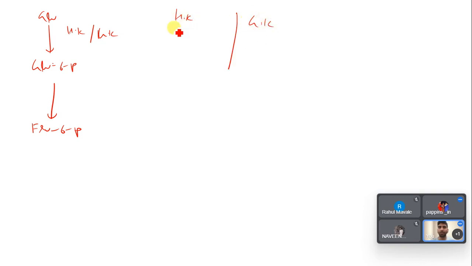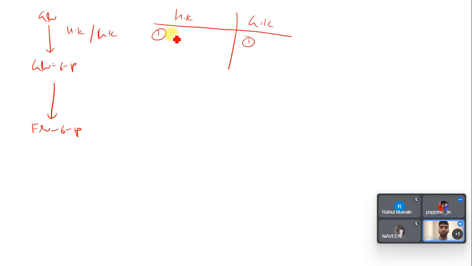So we have learned about glucose to glucose 6 phosphate and then to fructose 6 phosphate. So this is a single step. It is governed by hexokinase or glucokinase. And the one thing we are mentioning now is the inhibition.